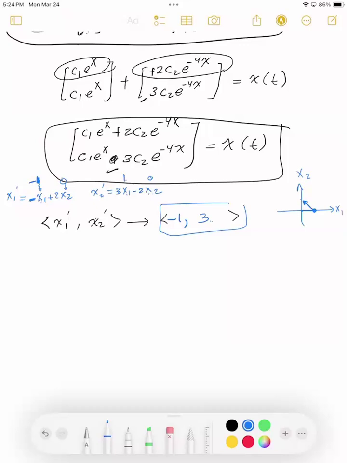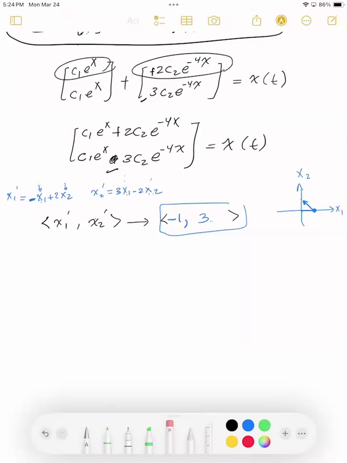Let me just do one more. Let's say this time I am going to pick this point here. That point is x1 is 0, x2 is 1.